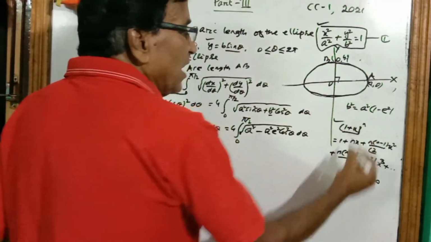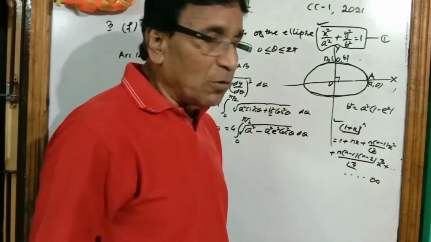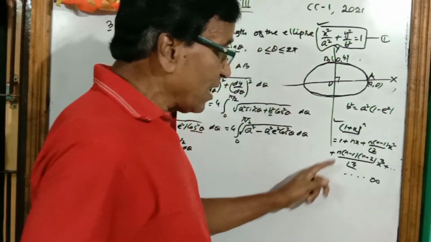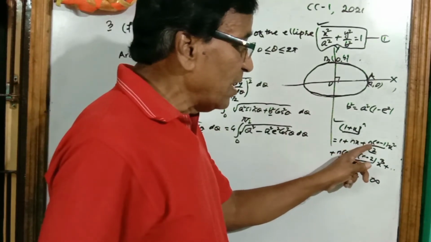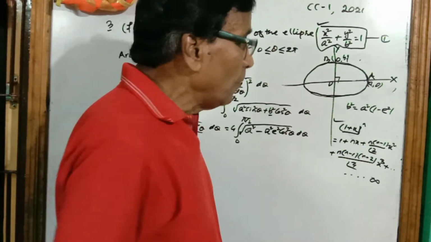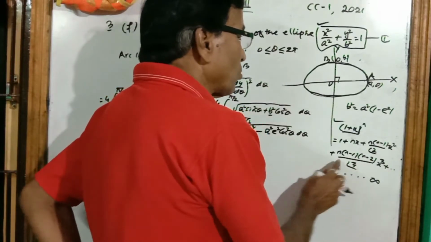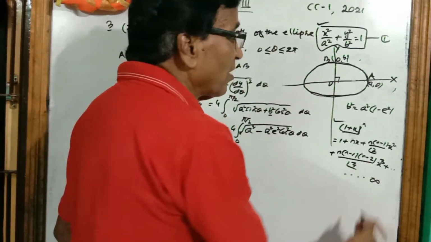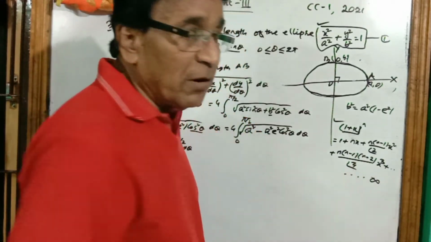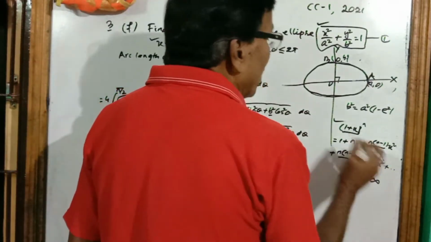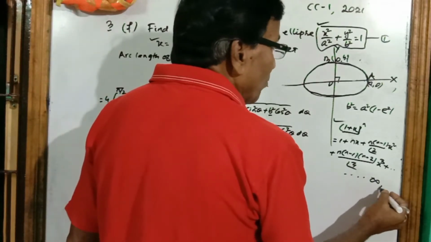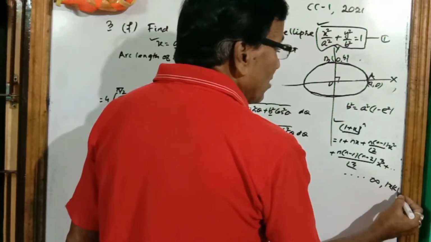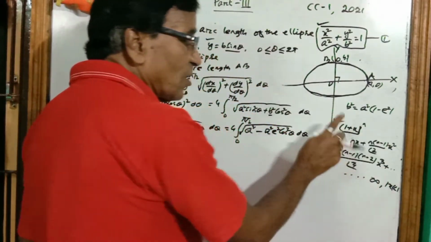So this is the expansion of (1 plus x) whole to the power n, the binomial expansion where n is any fraction, that is 1 plus nx plus n into n minus 1 by factorial 2 into x square plus n into n minus 1 into n minus 2 divided by factorial 3 x cube plus, and it will continue up to infinity, where we know that mod x should be less than 1. It is the expansion of this.